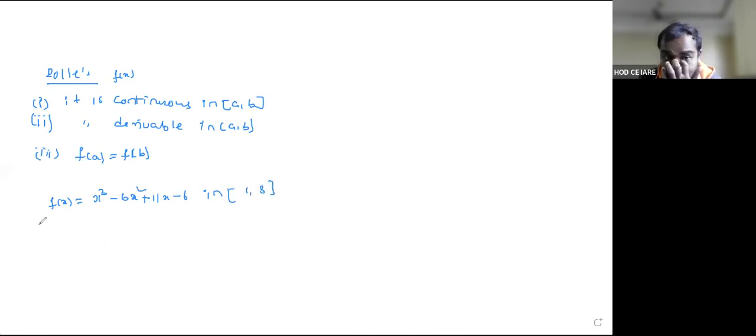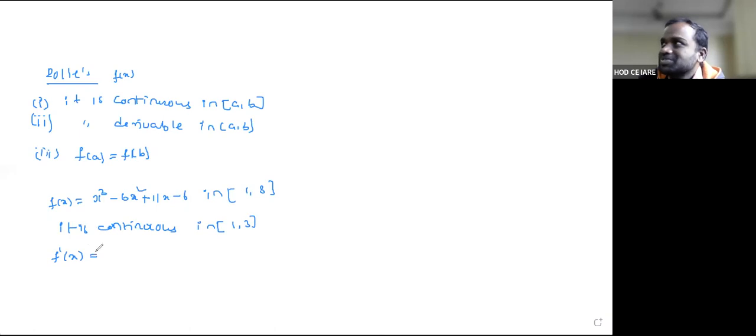The given function is a polynomial, so it is a continuous function. Algebraic expressions are continuous functions, and it is continuous in the closed interval of 1 comma 3. Its differentiation, f dash of x, is d by dx of x cube minus d by dx of 6x square plus d by dx of 11x minus 6.